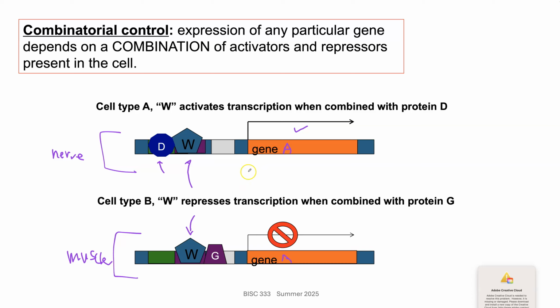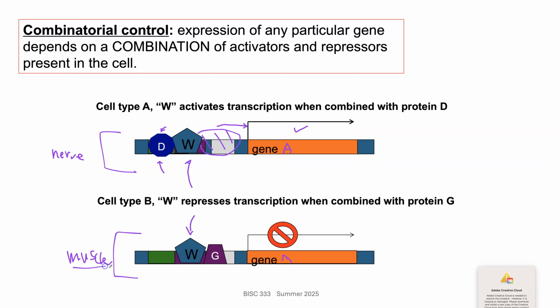So in this case, this gene is active because an activator protein is present, and that protein interacts with other regulatory proteins, as well as, say, RNA polymerase that's sitting here in the regulatory part of the gene, and that leads to the transcription.